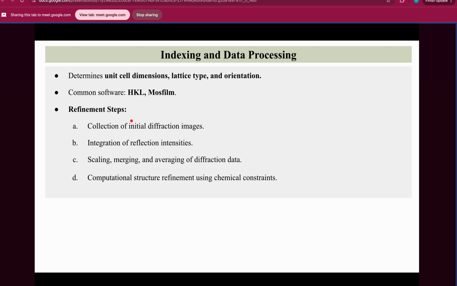After indexing, we need to perform certain refinements after obtaining the diffraction images. These include collection of initial diffraction images, integration of reflection intensities, which we have now obtained, then scaling, merging and averaging of diffraction data, and computational structural refinement using chemical constraints. So these are the different steps under refinement.